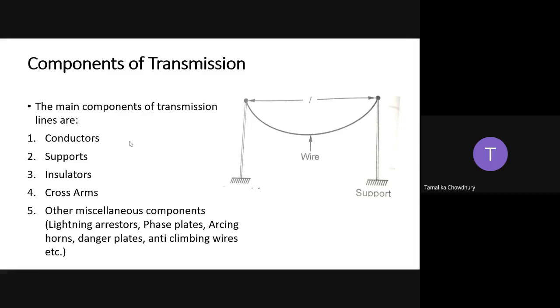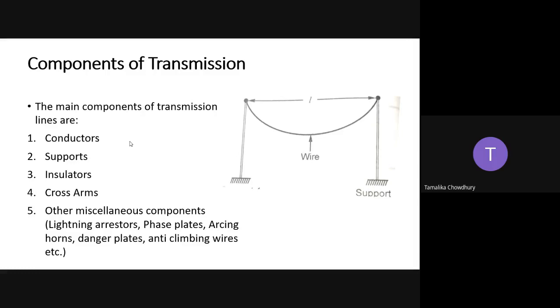High current density means what? For a given current rating, the cross sectional area of the conductor is small. Means for a small cross sectional area, it can carry a huge current. That is the current density, right? That is there in copper, and the metal is quite homogeneous, durable, and has low specific resistance. So this is about the conductor part I am telling.